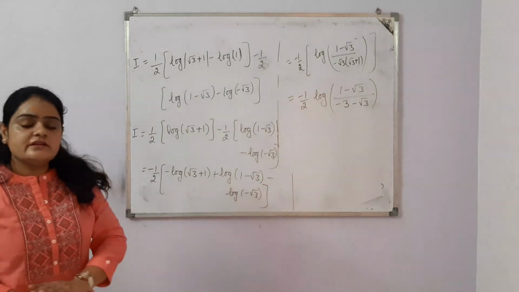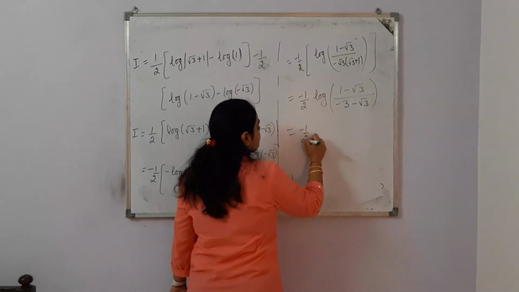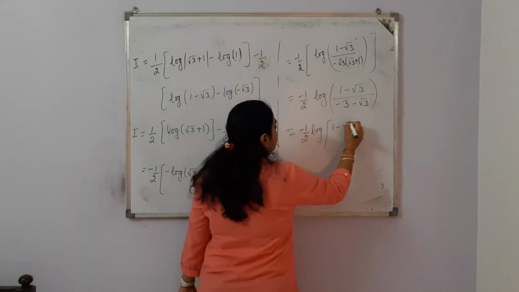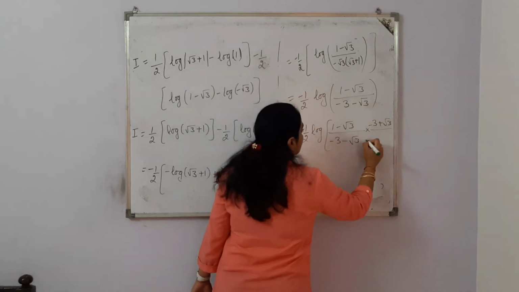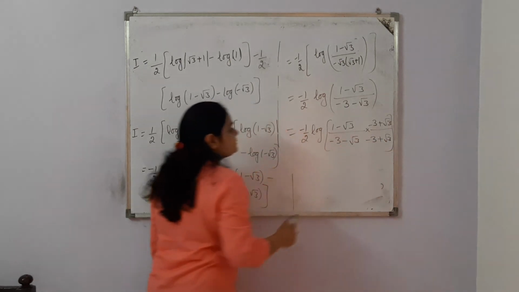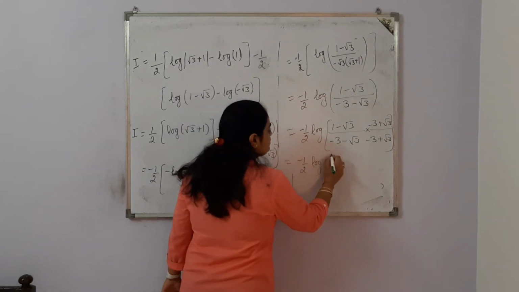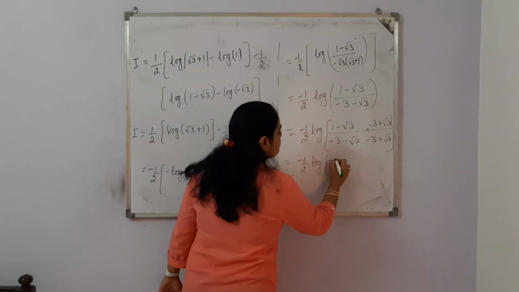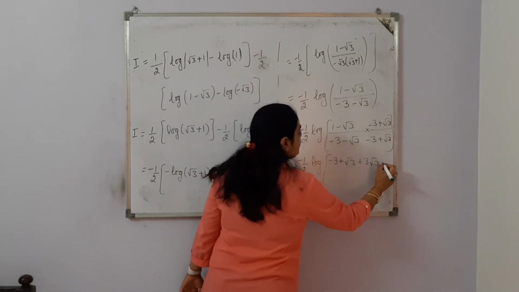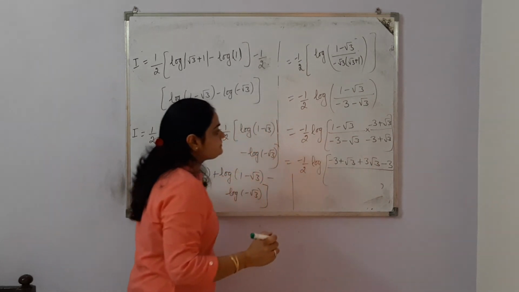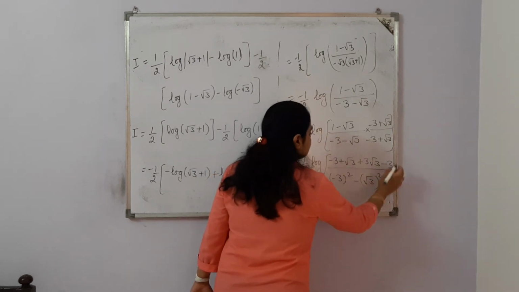Now under root 3 is in the denominator, so I am doing rationalization here. Log of 1 minus root 3 upon minus 3 minus root 3, multiplied by minus 3 plus root 3 upon minus 3 plus root 3. After doing the calculation, I will get minus 1 by 2 log of minus 3 plus root 3 minus minus plus 3 root 3 and minus 3, whole upon a square minus b square.